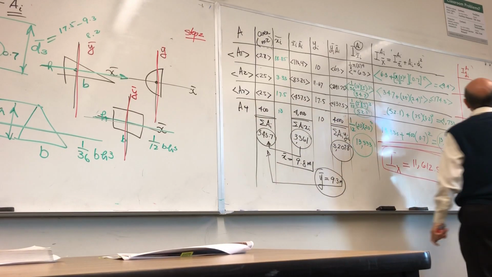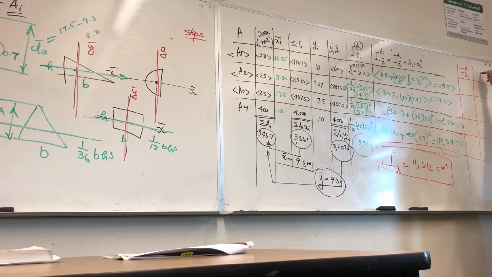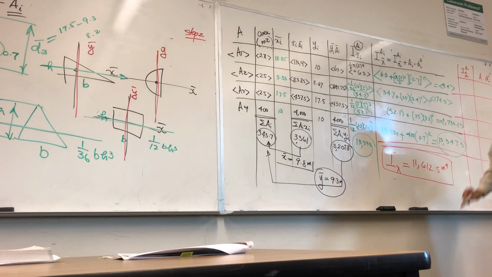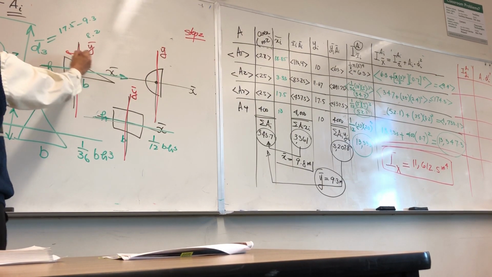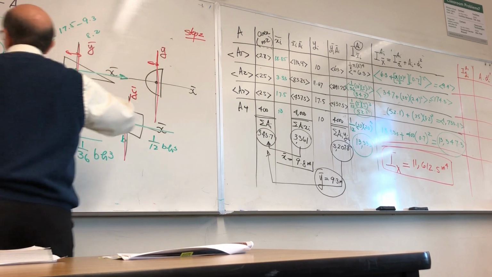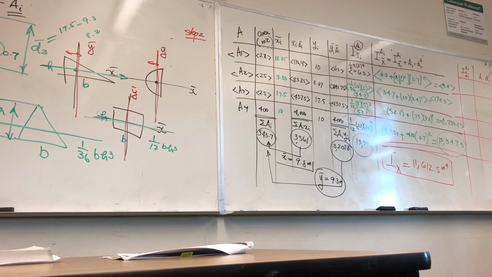Then you add again the area times d prime i squared. Now, this is the y, so it would be this distance, right? In other words, for this guy, it would be the distance from here to here. For this guy, distance from here to here. For this guy, it would be this distance, and for this guy is this distance. Calculate all those, add them up.